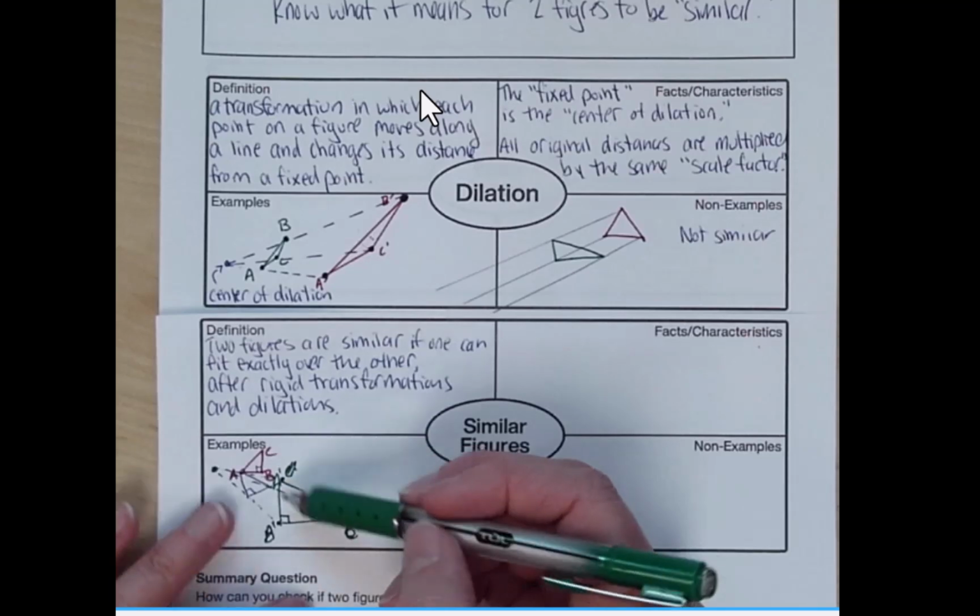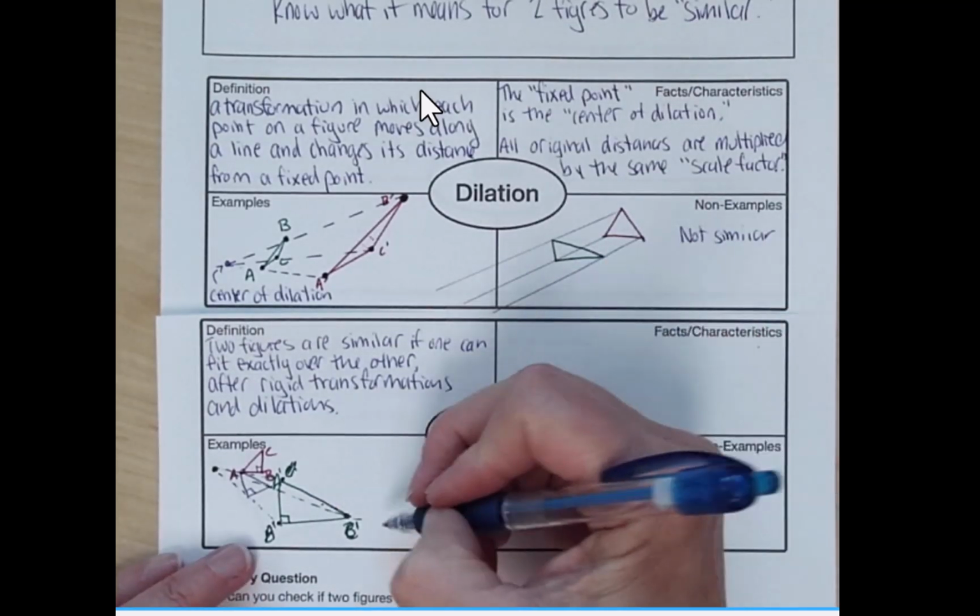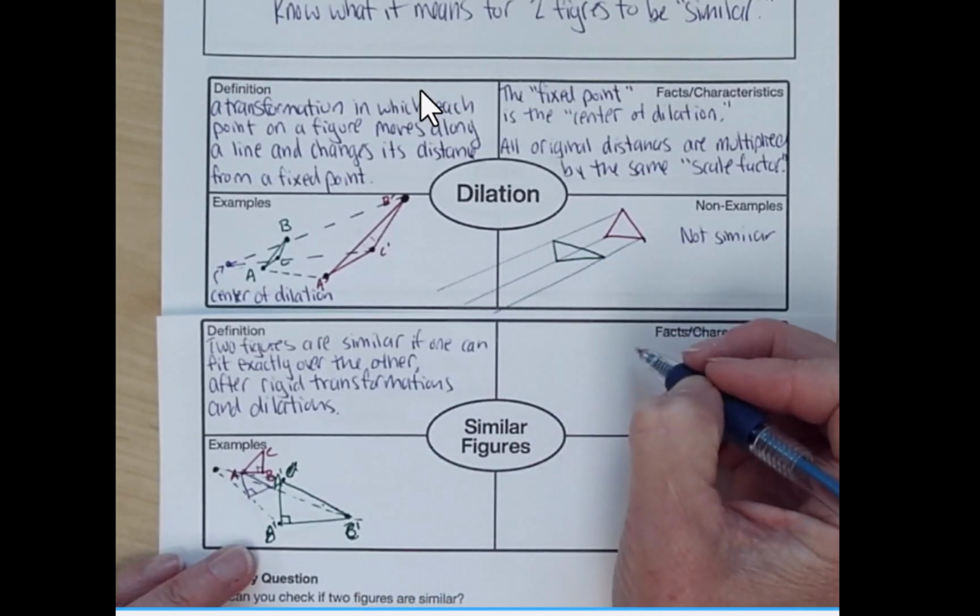But there were two transformations that happened. Let's describe them over here where it says facts and characteristics.